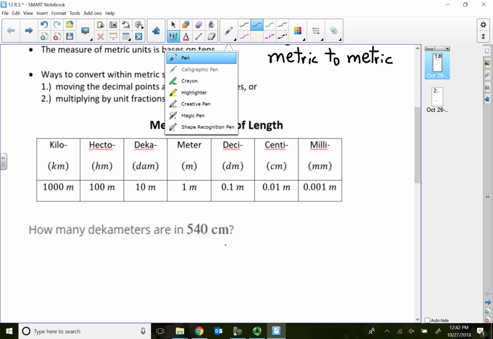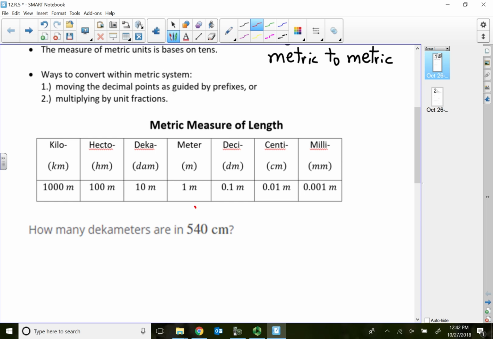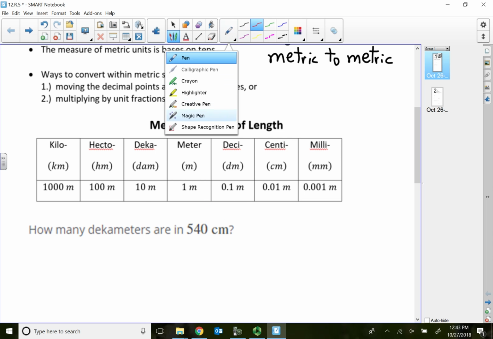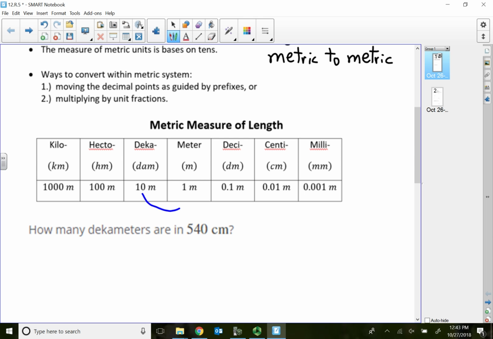The second part is telling you what measurement we are converting: meter for length, liter for capacity, and gram for weight. So this is centimeters. So go from deca to centi. That's 1, 2, 3 places to the right.